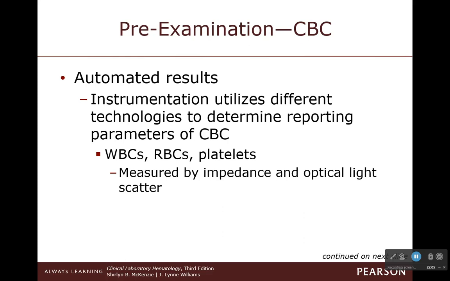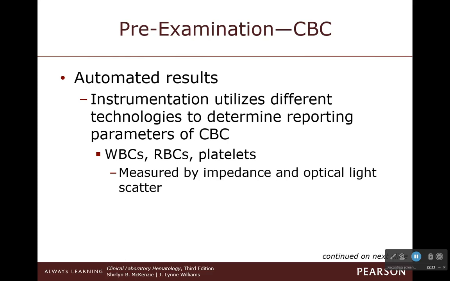So it's getting the electrical impulse going through, but it's also got a laser light that is shining on the cells as they go through, okay? So in this case, it's not only looking at the number of cells coming through, but based off of the light scatter, it's picking up granules in the white cells.